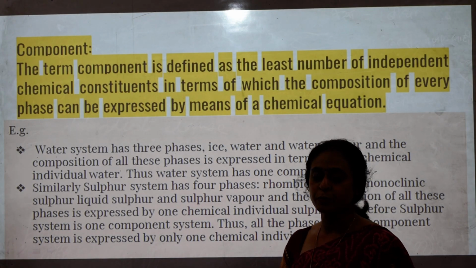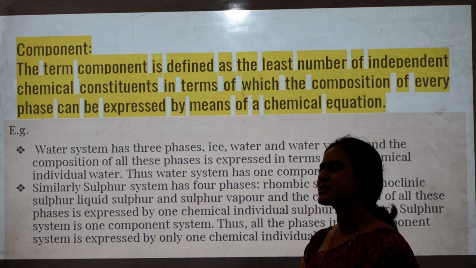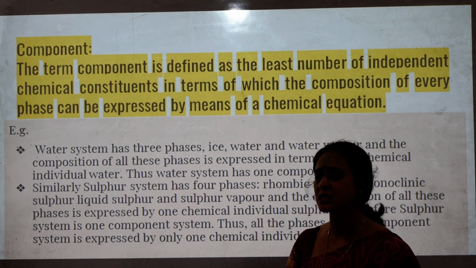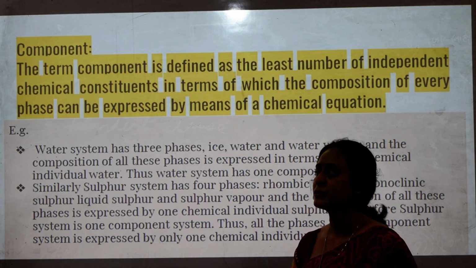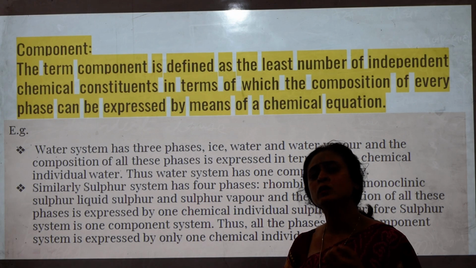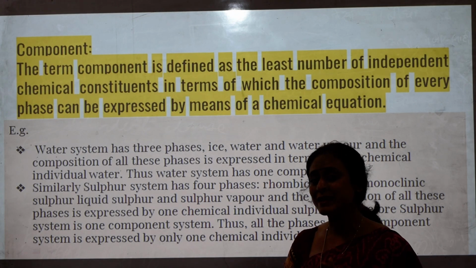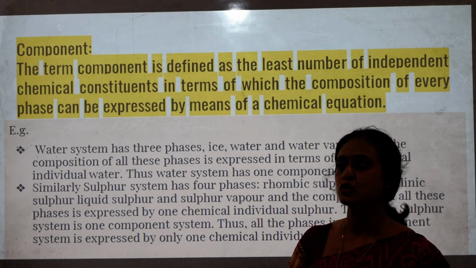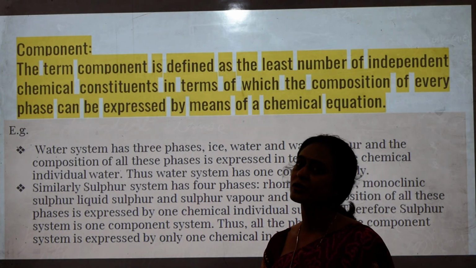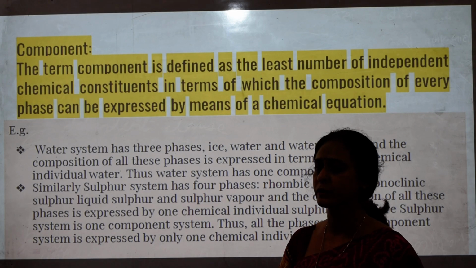Now what about component? अब component कैसे लें? Basically हम यहाँ पर least number of component की बात करते हैं. अगर हम सिंपल शब्दों में कहें तो component is a chemical identity. किसी भी चीज को अगर chemical constitution उसका same है, then it will be considered as to be one component.